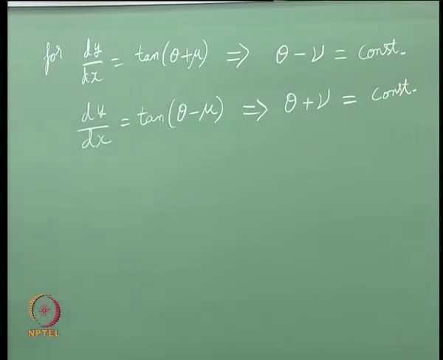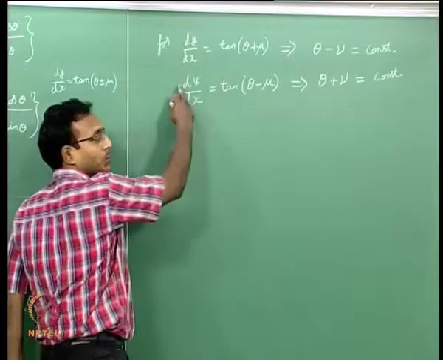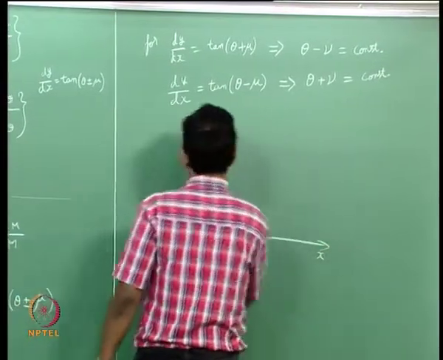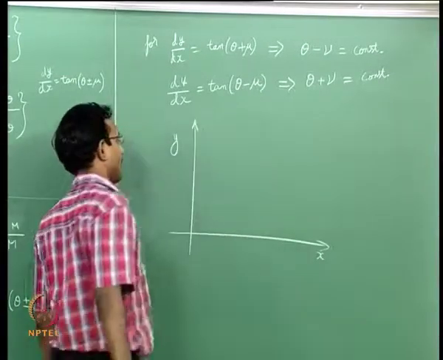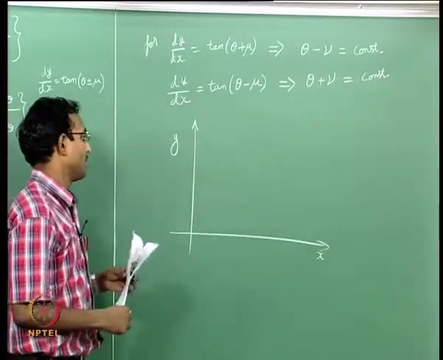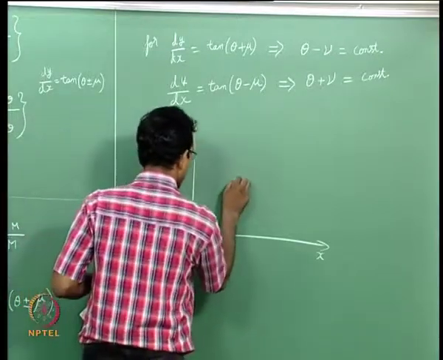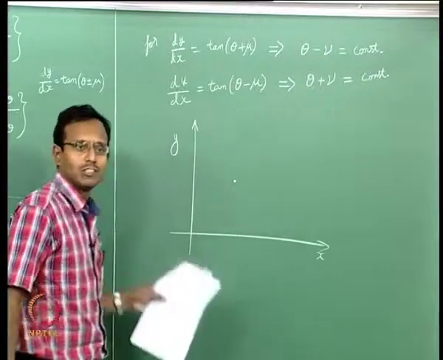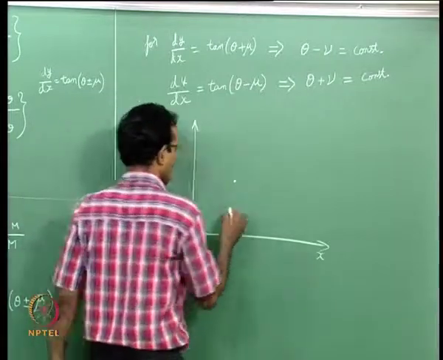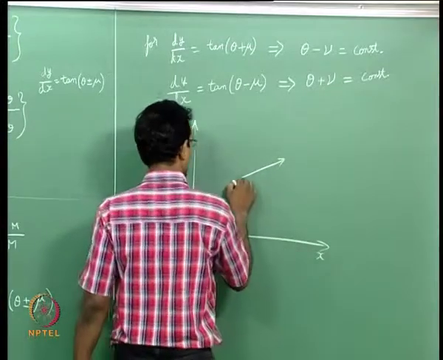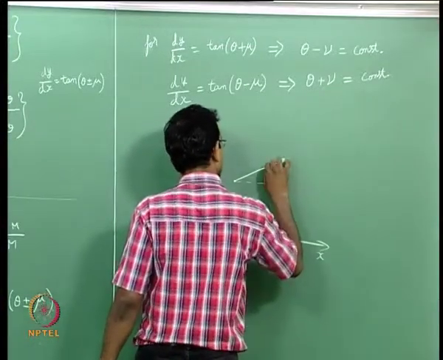Okay. Now, what are its implications? Now, I look at it from x y coordinate system. We have dy by dx here. I have x y coordinate system, and let us say I pick some point in the flow, some random point x1 y1, and I am going to say it is having a flow velocity vector this direction, which means it is having some theta value.